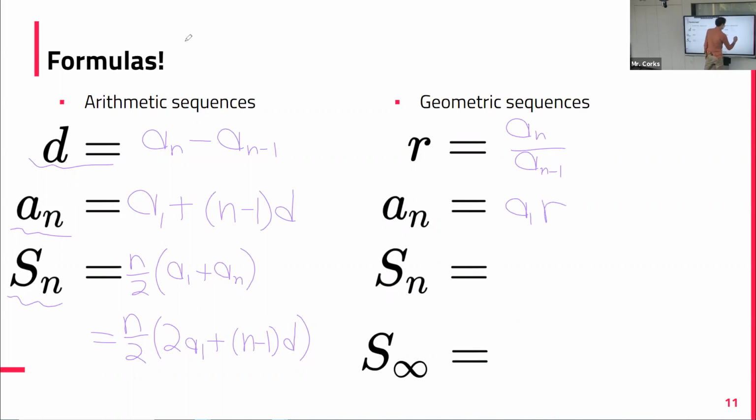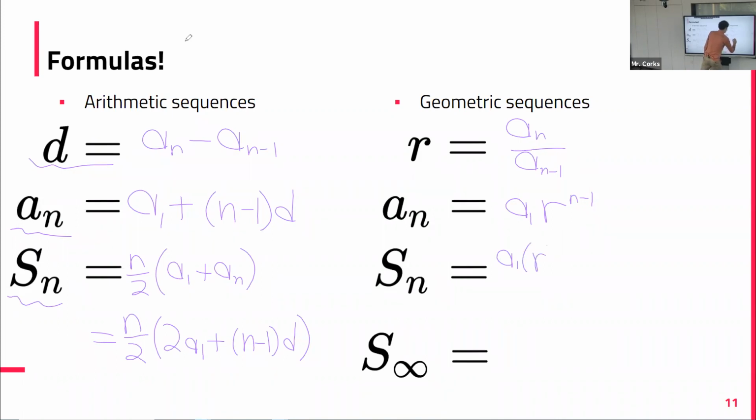Okay, so multiplied by r to the exponent n minus 1. All right, and partial sum formula here. n over 2 is here for arithmetic sequences. Okay.